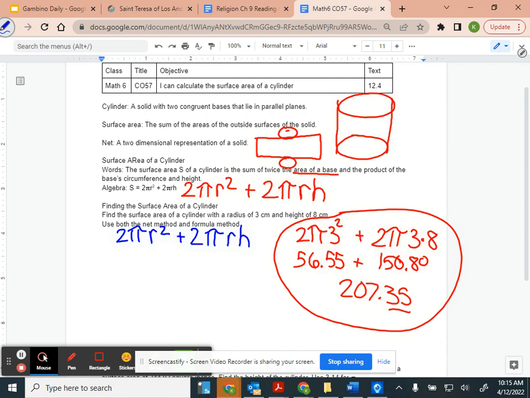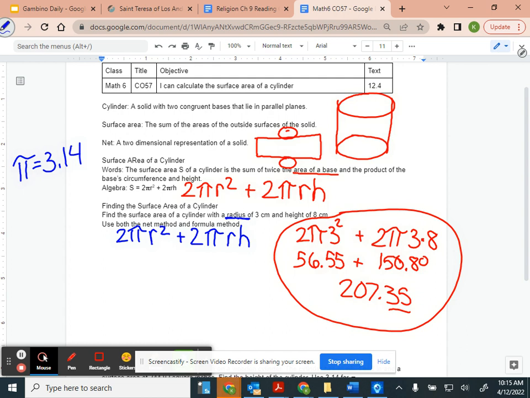So we know the number 2. We know pi. Pi equals 3.14, or the pi button on your calculator. R, remember, R is the radius. And when we square something, we multiply it by itself. So when we had 3 squared, we did 3 times 3.